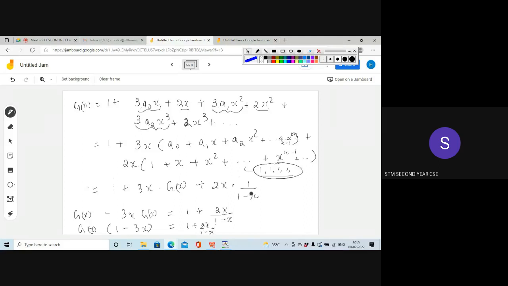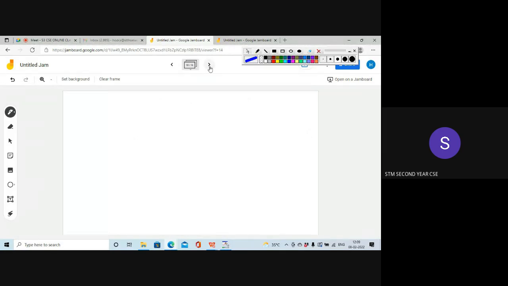Now find g of x. How will you find g of x? G of x into 1 minus 3x is equal to 1 plus 2x by 1 minus x. Now solve the right hand side. When you solve the right hand side, what will you get?